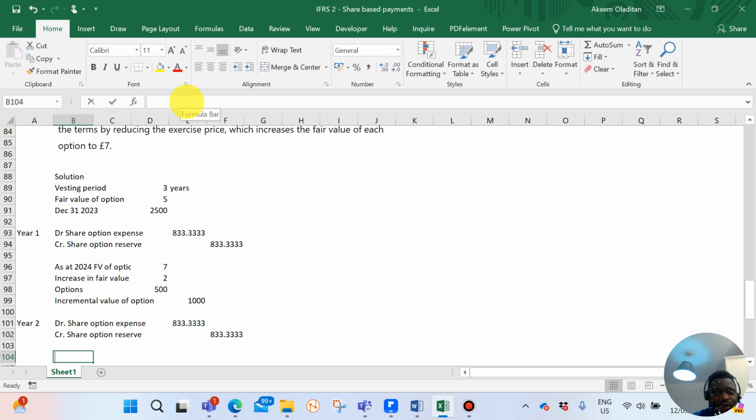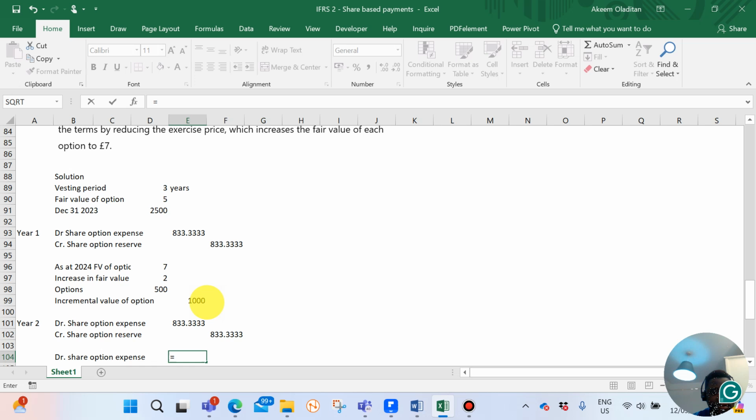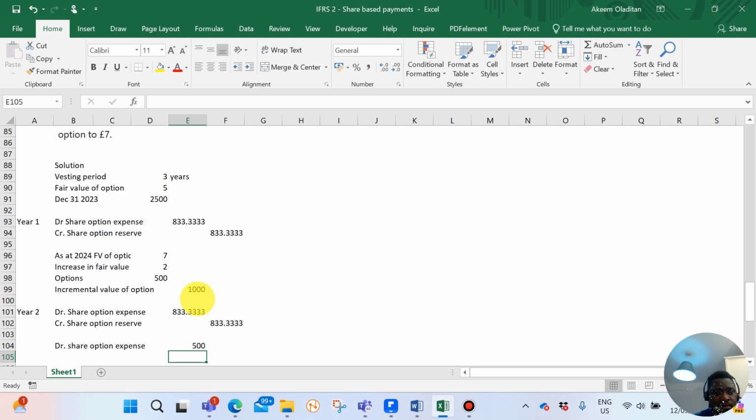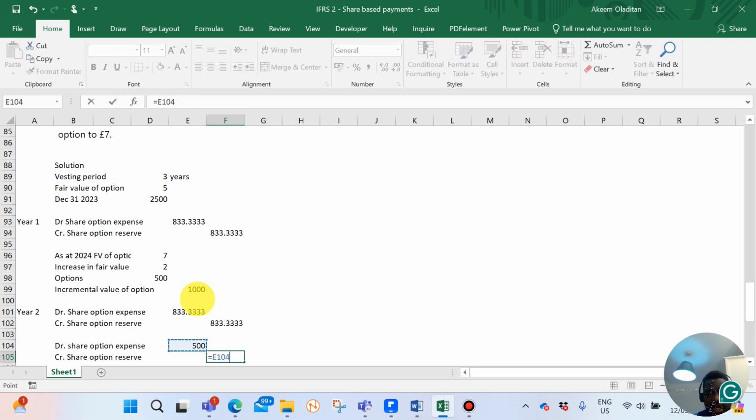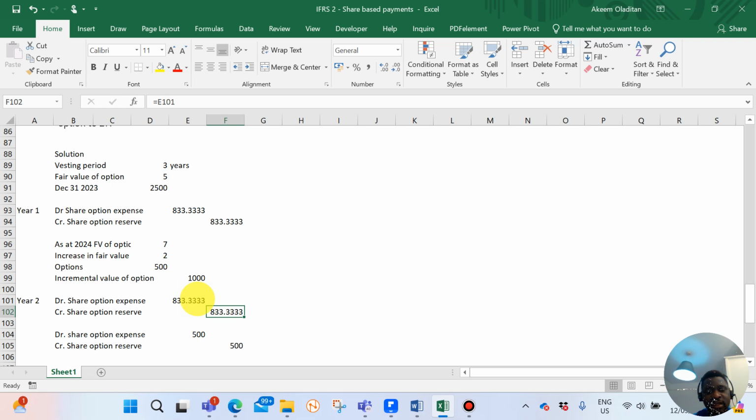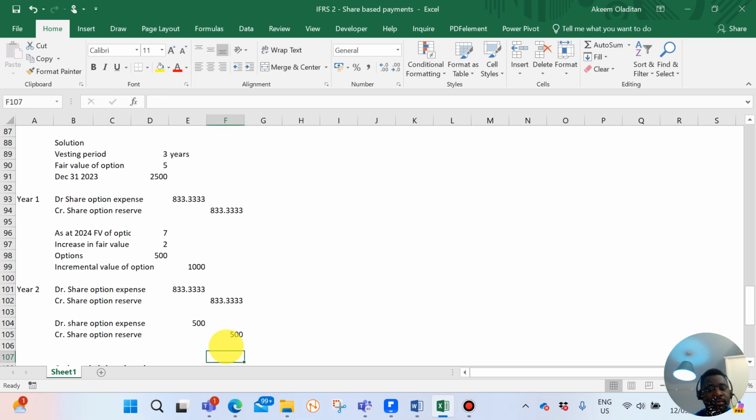So that also goes to share option expense, and that one is £500, which is this one divided by 2. So then you credit the same amount. So the total to credit in that year will be a total of 1333.33. So the same thing for year 3.